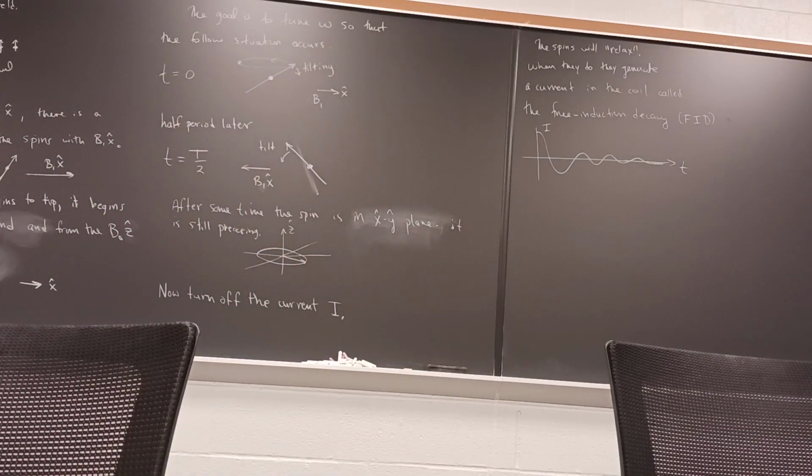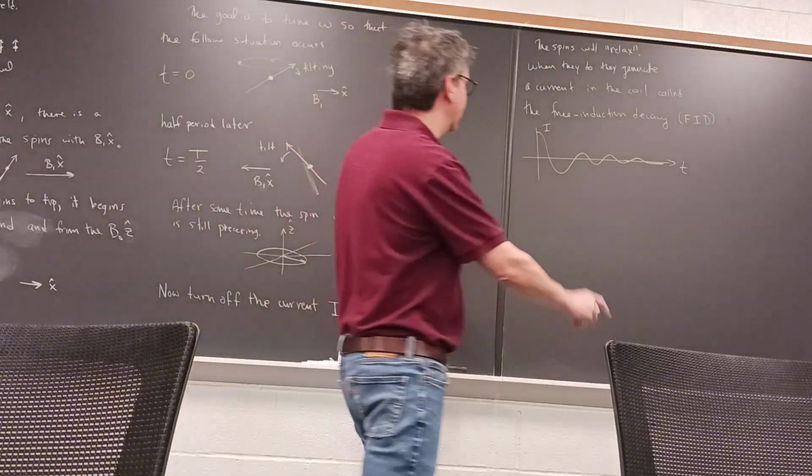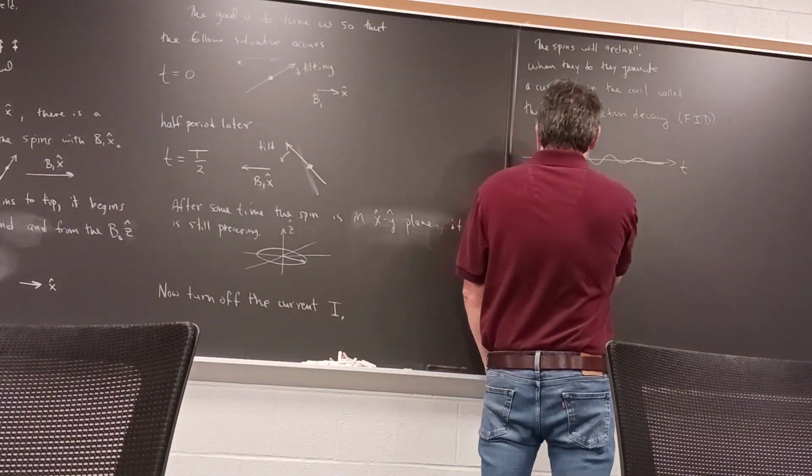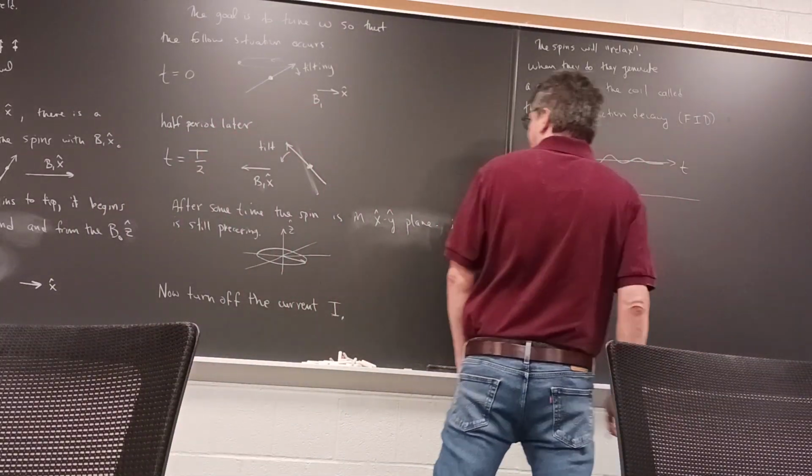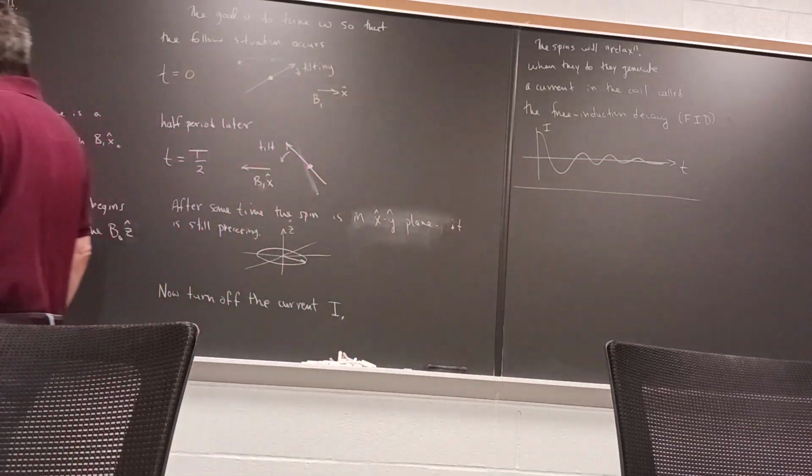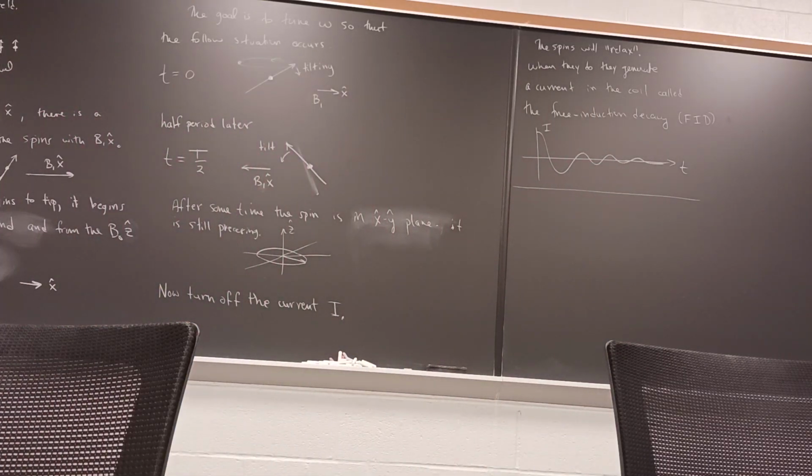Right, but the point is that here you want B0 to be as uniform as it can be. In magnetic resonance imaging, you don't. You actually have a strong gradient in the field. Okay, but anyway, that's beside the point. So that's the general picture of how magnetic resonance works classically.